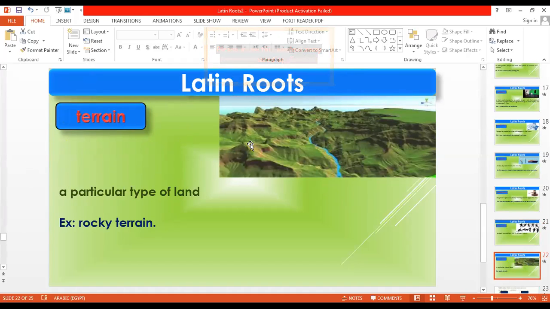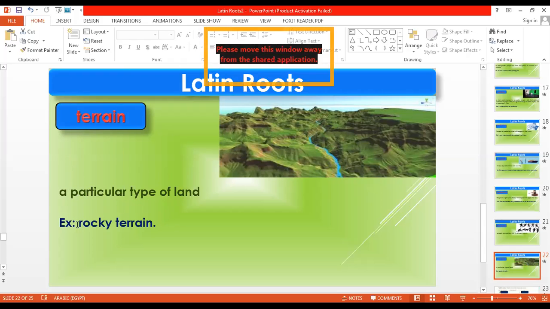Maybe it can be hilly land or rocky land. For example, rocky terrain means this land is not flat, it consists of rocks.